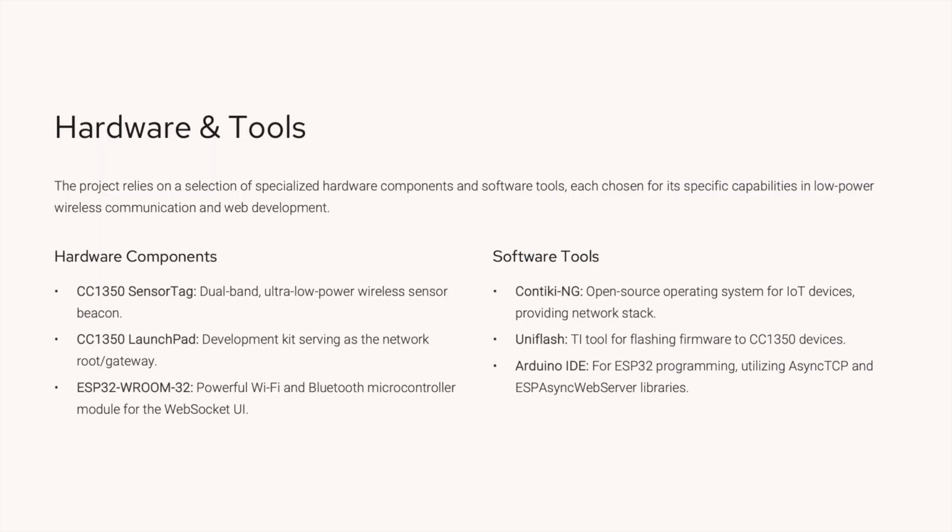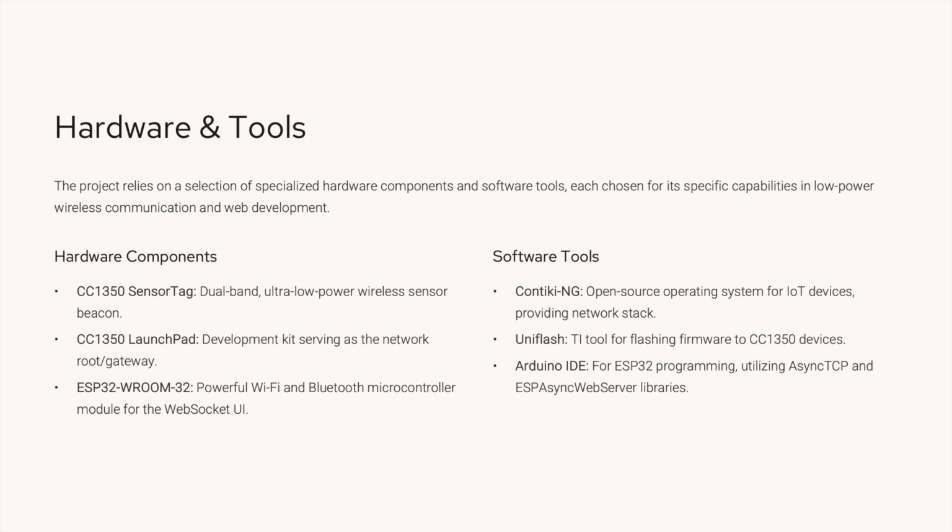So here the hardware and tools which will be required are, first, the CC1350 sensor tag, which is used here, and the CC1350 LaunchPad or development kit. Then we will require an external microcontroller, which here is the ESP32 ROOM-32, a powerful Bluetooth and Wi-Fi microcontroller.